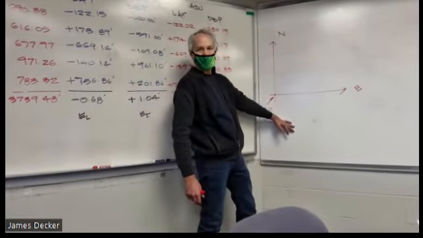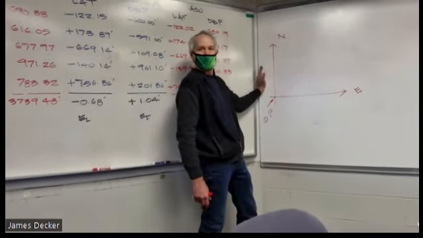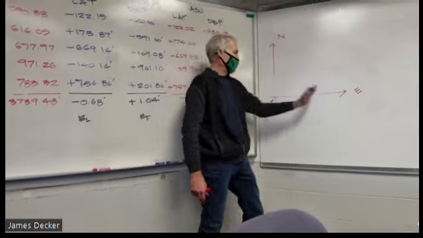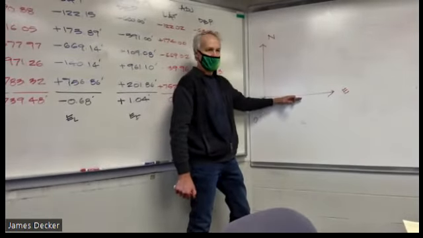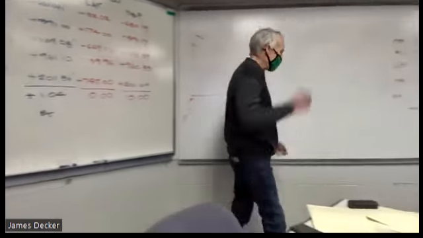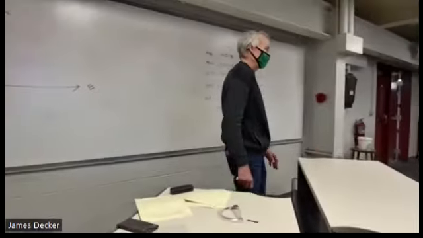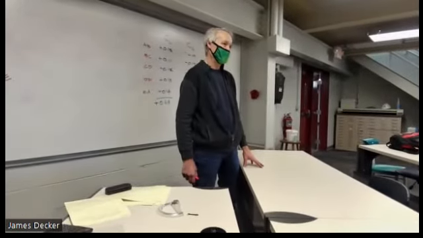Why? What happens if I cross this line? I'm going to get negative eastings. And if I cross this line, I'm going to get negative northings. It's not that that's a problem, but if you start doing calculations with negative and positive coordinates, you can blow it real easily.